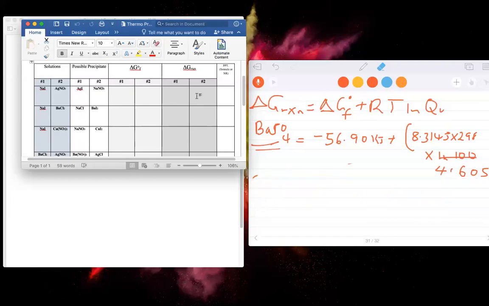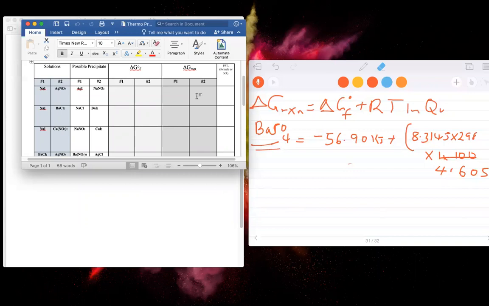And when I plug in the equation, 8.314 times 298.15 times 4.605, that is in joules, so I divide by 1,000 to change to kilojoules.